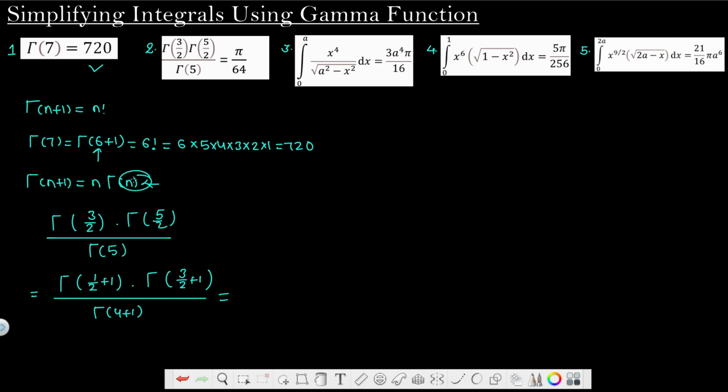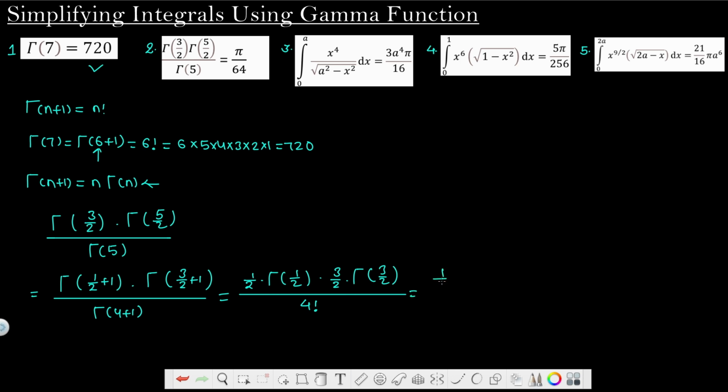Using the formula gamma n plus 1 equals n gamma n, we get 1 over 2 times gamma 1 over 2, times, here our n is 3 over 2, so 3 over 2 times gamma 3 over 2, divided by gamma 4 plus 1, which is 4 factorial.